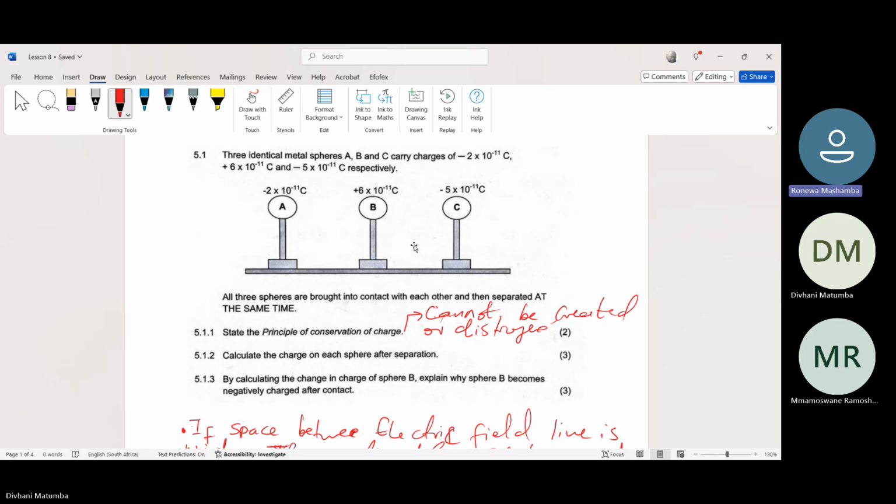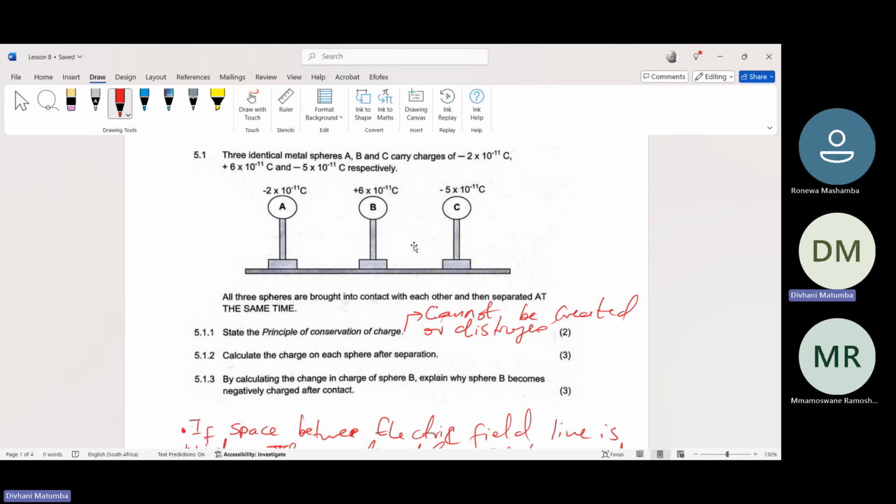Yes. So if we had four spheres, what was going to happen? Mam Swan, what will be the formula? Q new is equal to Q1 plus Q2 plus Q3 plus Q4 over 4. Exactly. So once the three spheres become one, even the charge between the union is the same.